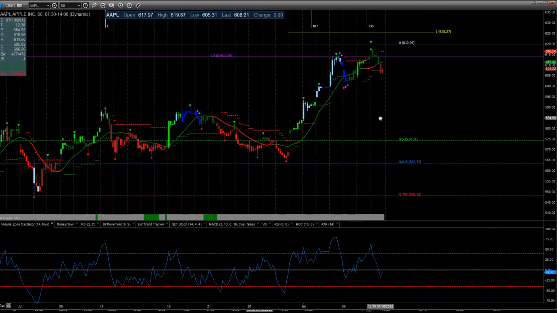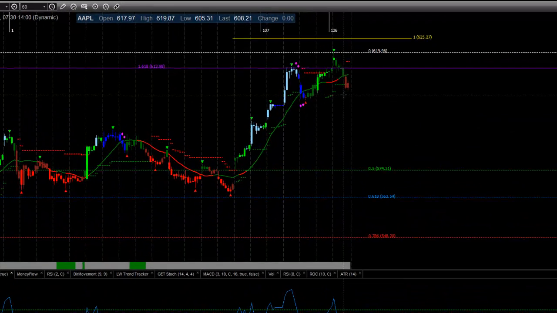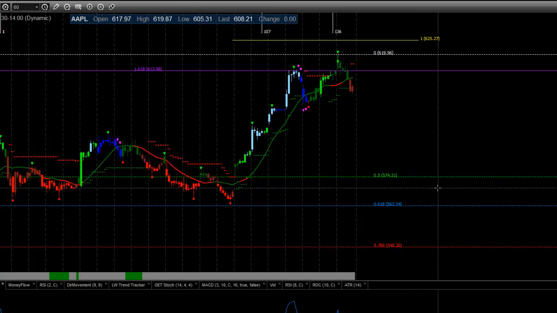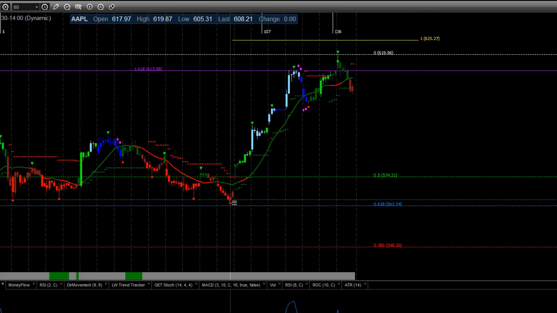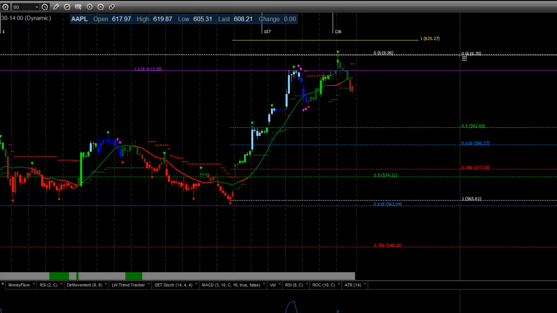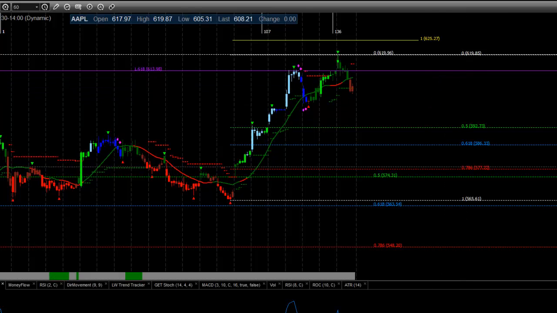All right, so this is major support. Major support for this price going forward is down here, and the first level of support should be on this last wave higher. So let's put up a retracement grid for that.